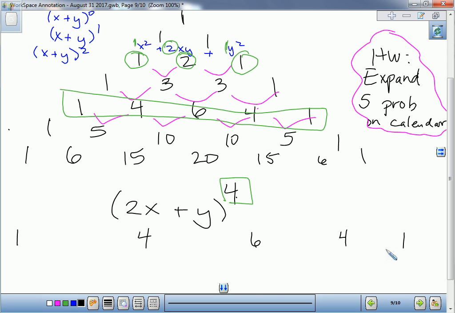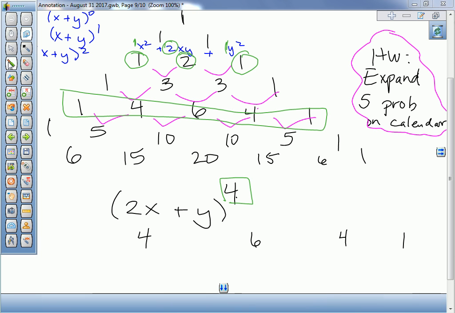Please do that. Okay, and the process is not difficult. It's the same way every time, but we have to think of this as 2x and positive y.